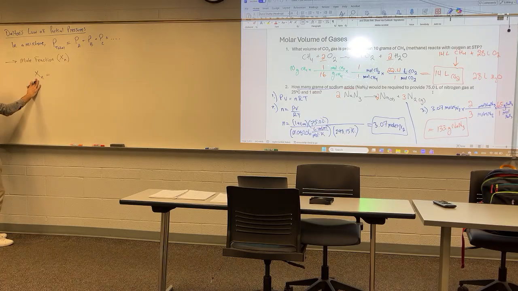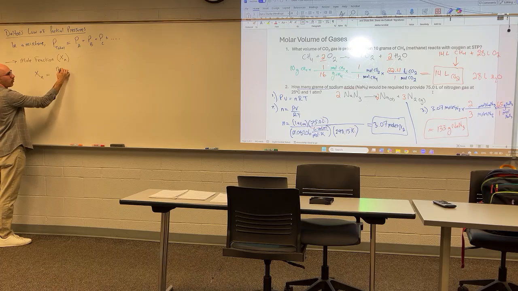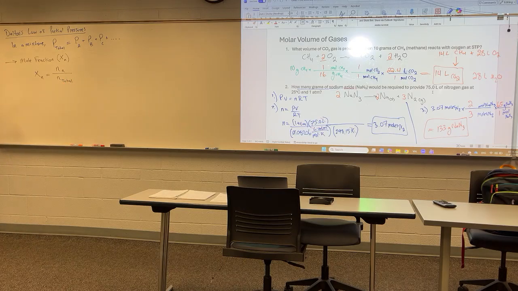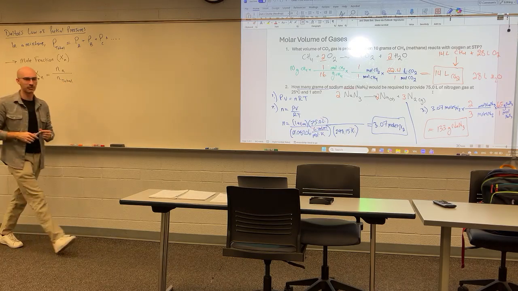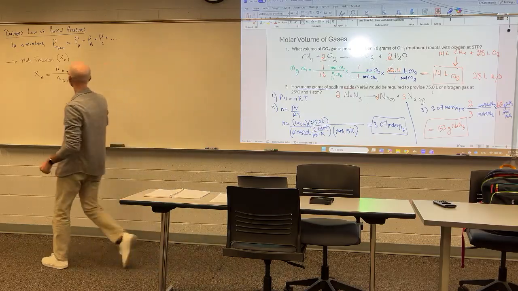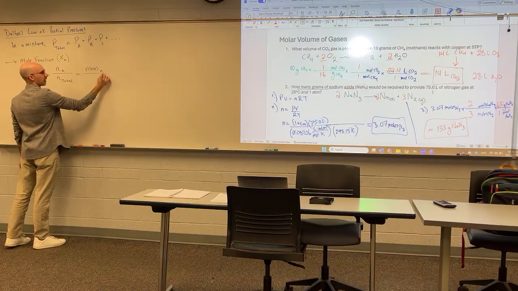The mole fraction of x is the number of moles of your substance, n, divided by the number of moles total. In this case, n is kind of a bad variable for us because we're using it to represent different things. Here's another way that we can spell it out so it sounds a little bit easier.